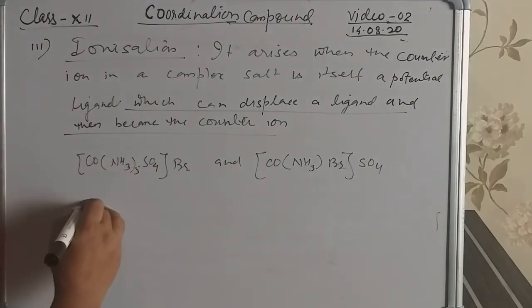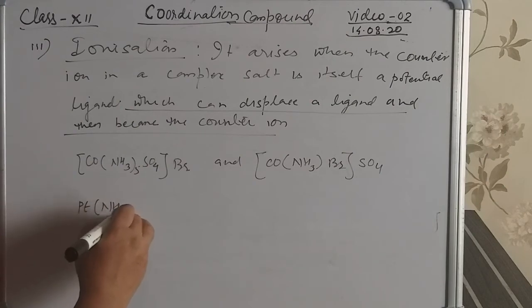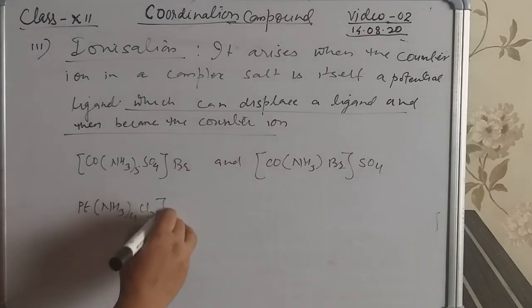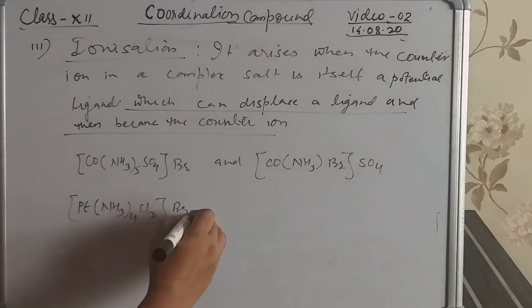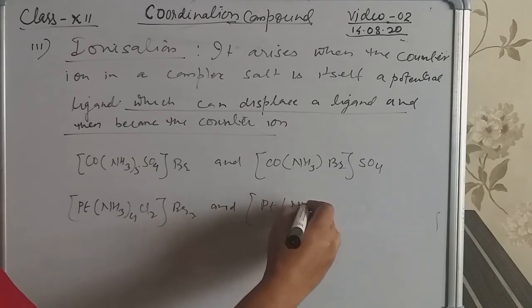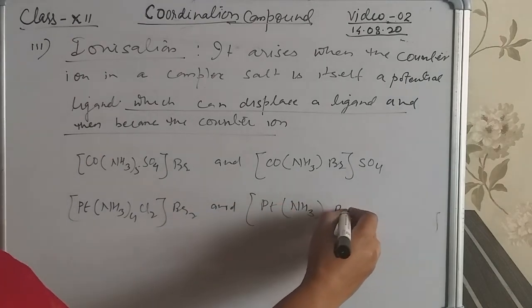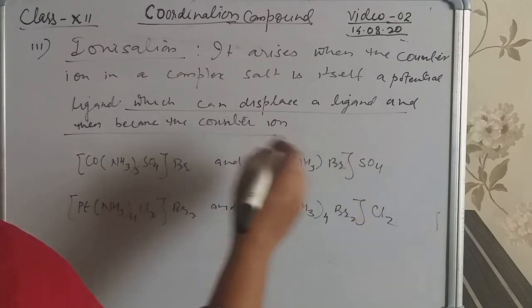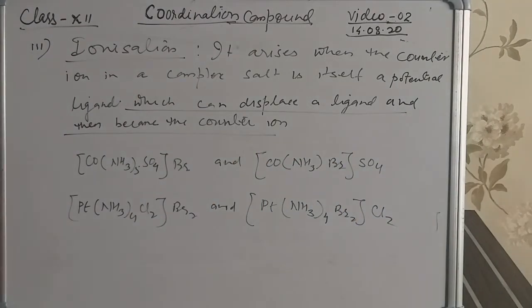And one more example, platinum Pt(NH3)4 Cl2 Br2 and Pt(NH3)4 Br2 Cl2. In fact, in this type of ionization isomerism, mainly the exchange of anions within the coordination sphere and the ionization sphere takes place.